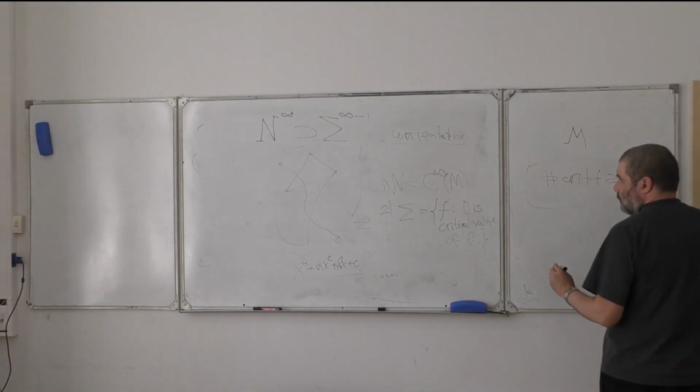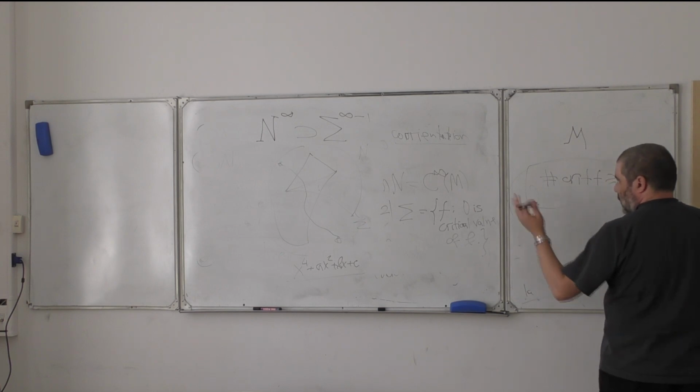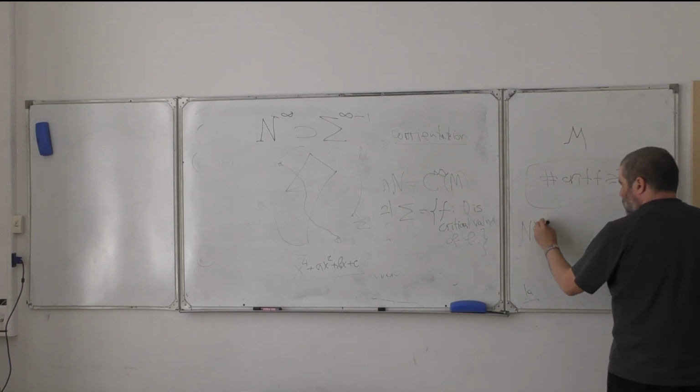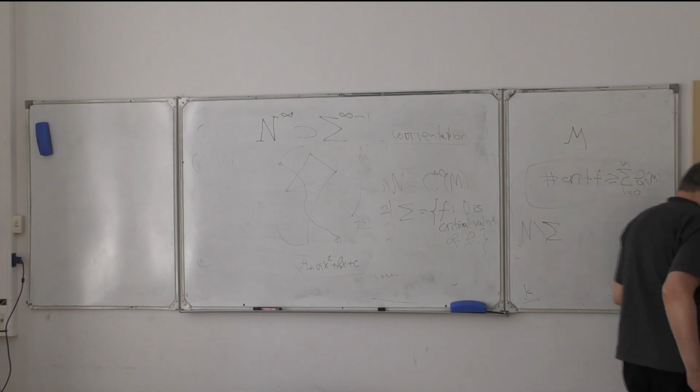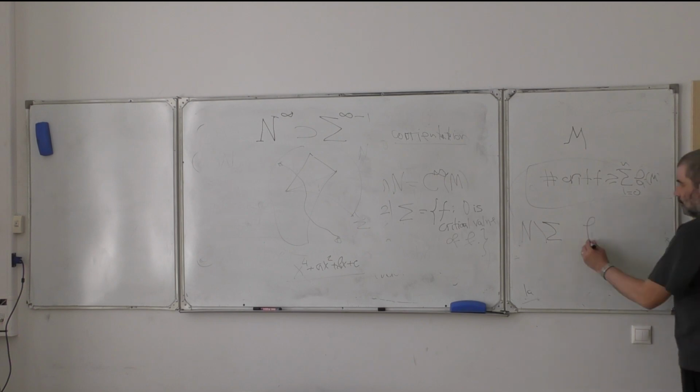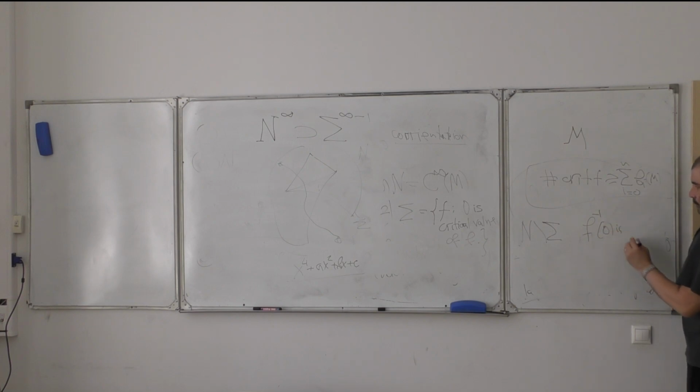I define a potential. So I take the difference of N without sigma. It consists exactly of functions where 0 is a regular level, such that the preimage of 0 is a submanifold, a regular hypersurface.